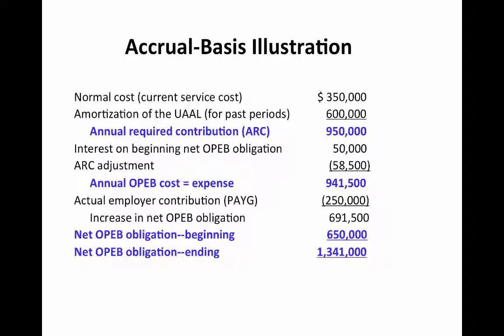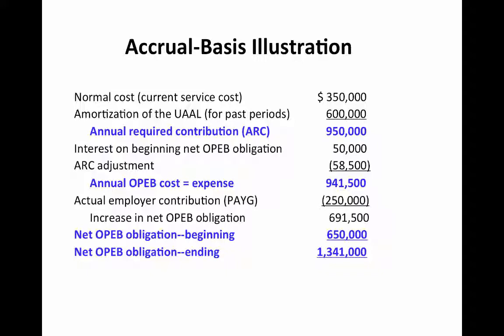Let's assume this government is a pay-as-you-go government, and its contributions were the payment of insurance premiums, which totaled $250,000. So the difference between the annual OPEB cost and the employer contributions is the amount by which the net OPEB obligation would increase on the face of the financial statements.